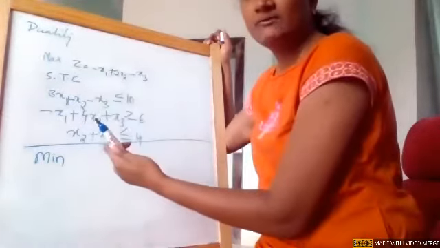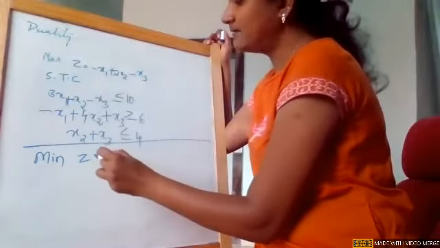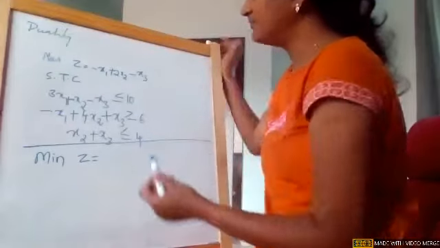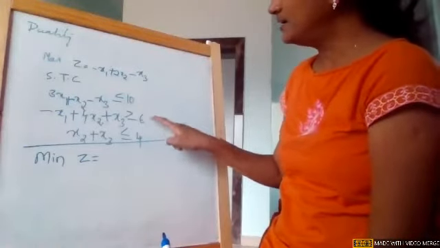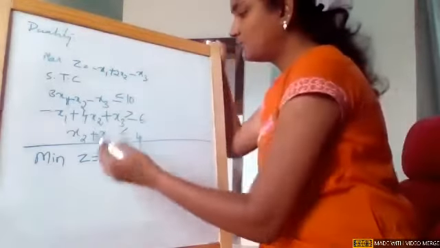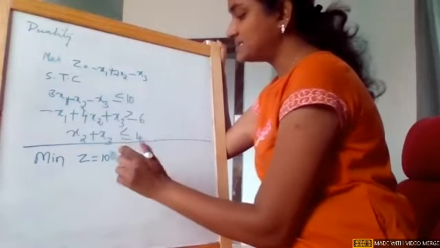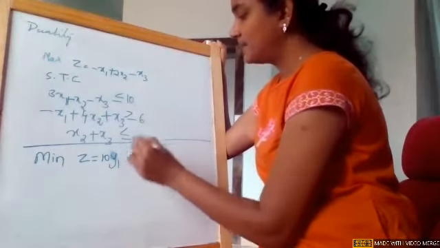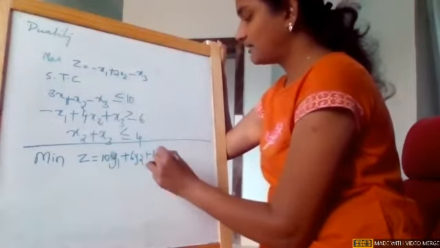Then Z will be the same as it is, but your decision variables will be changing this way, girls. You check this one, 10, 6 and 4 are there. So these constants, instead of x, I'll just take y: 10y1 plus 6y2 plus 4y3.